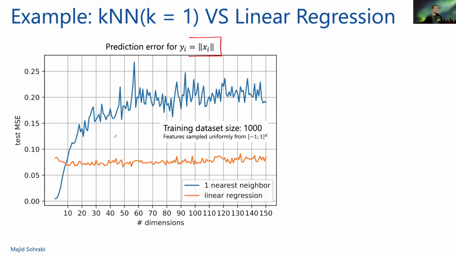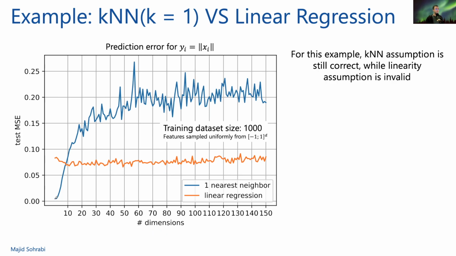In this case, you can see that over the dimensions, the linear model has a somewhat constant MSE error, but it's worse than the previous one because now the dependency is not linear anymore. On the contrary, the KNN starts with a very small error close to zero for a low dimension, but still when we increase the dimension, the KNN performs worse.